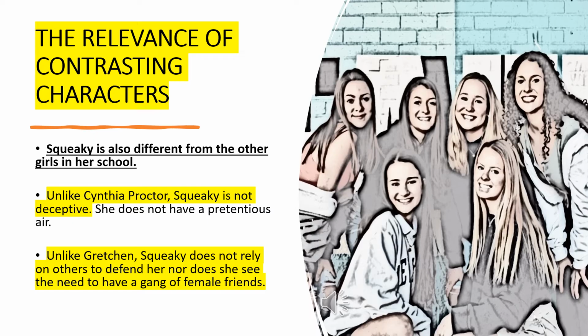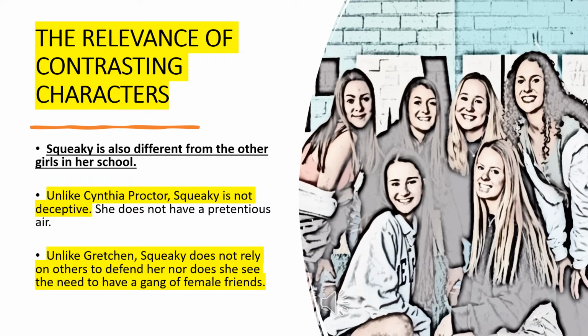And you notice that this difference in contrasting characters, of course, allows the story to become somewhat intriguing to the readers, right? So we are curious to find out whether it's going to be Gretchen who wins the race, or Squeaky.